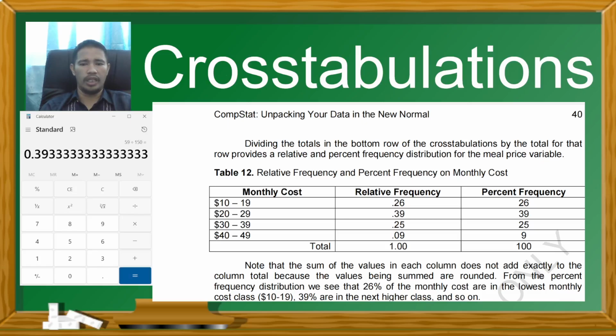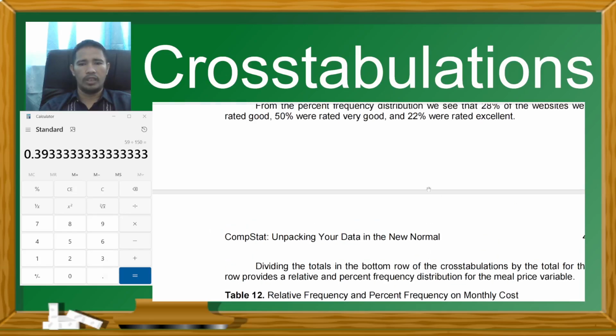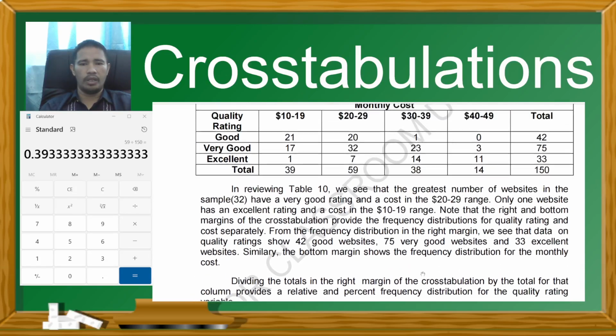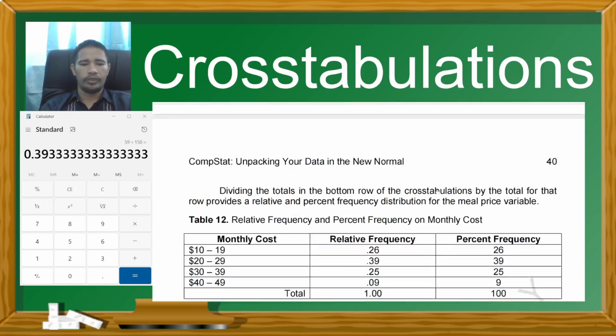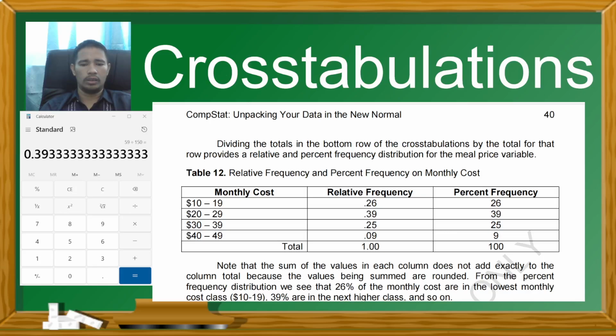Then 38 divided by 150 equals 0.25. And the last one, 14 divided by 150 equals 0.09.